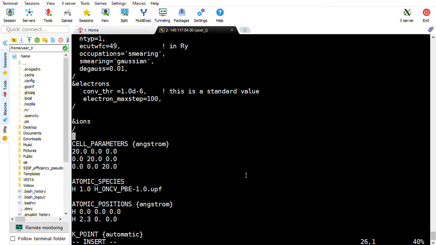And please, I think here it matters where you put your block. So put it after electrons and before cell parameters, to be sure. So I save that with colon W, and then I close the file. You all have added the ions block, yes?